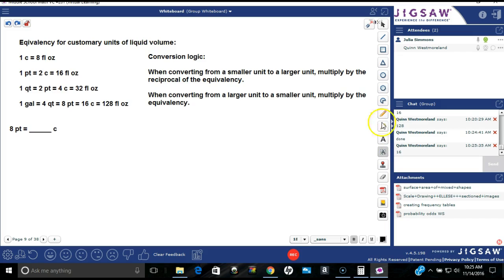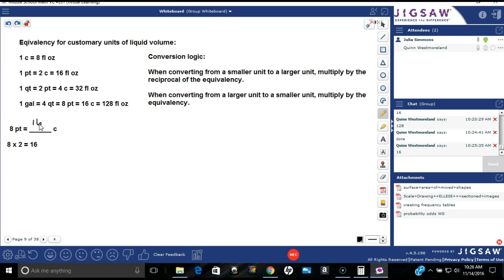We just apply our logic. We're going from a larger unit to a smaller, so we're just going to multiply that 8 by the equivalency, and we know that 1 pint is equal to 2 cups. 8 times 2 is equal to 16. So we have 16 cups.